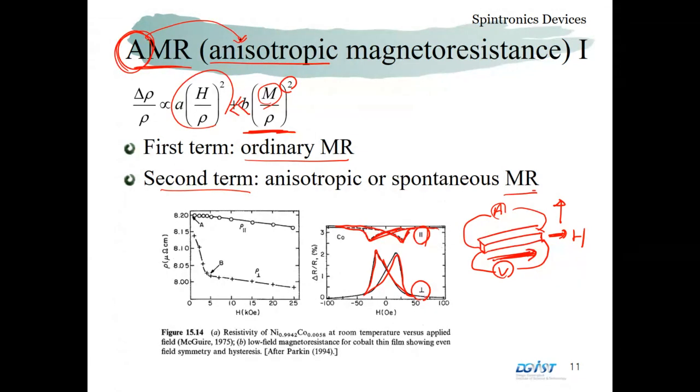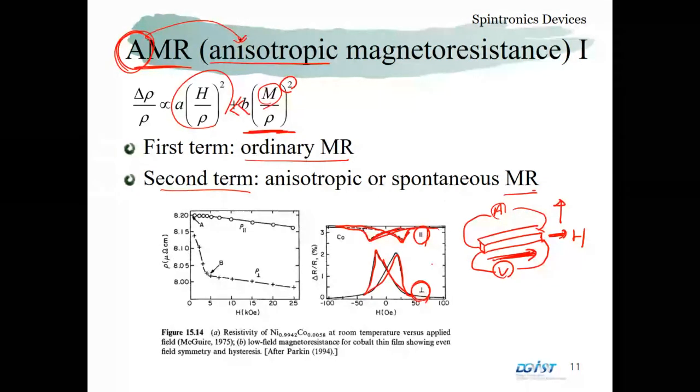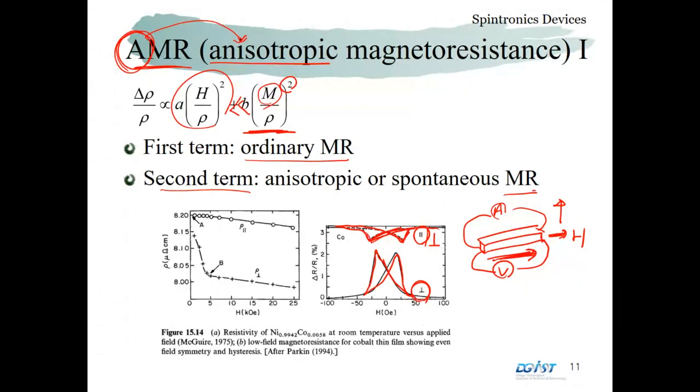Sometimes in some materials, the transverse one has this negative MR, and the parallel one has a positive MR. But it depends on the materials. But they should have a different sign.